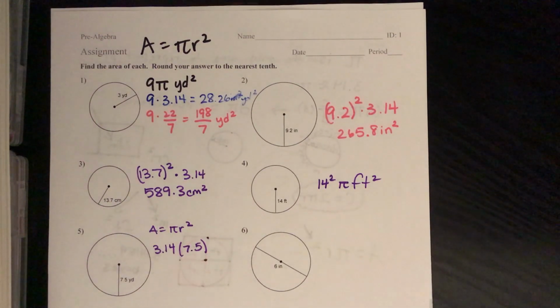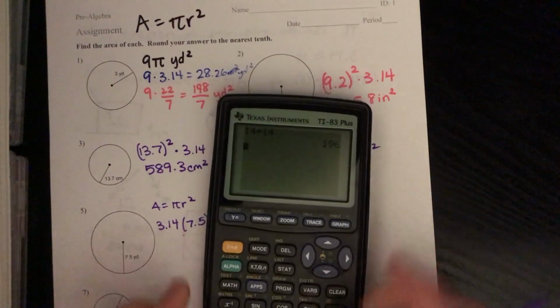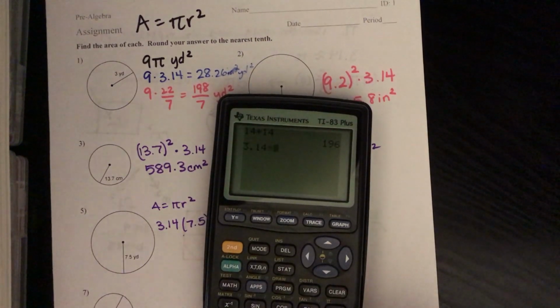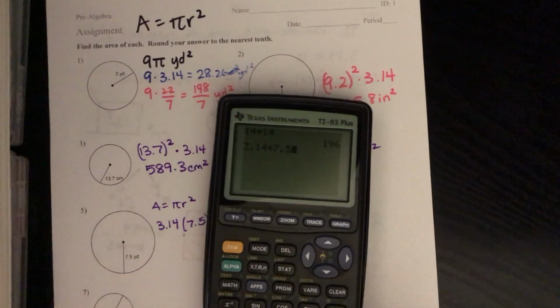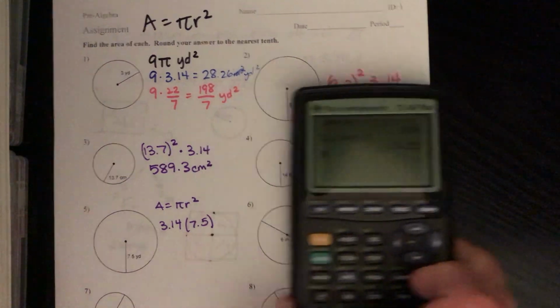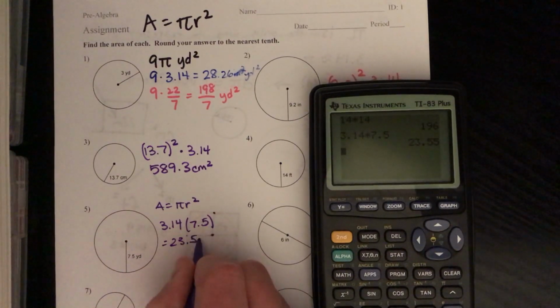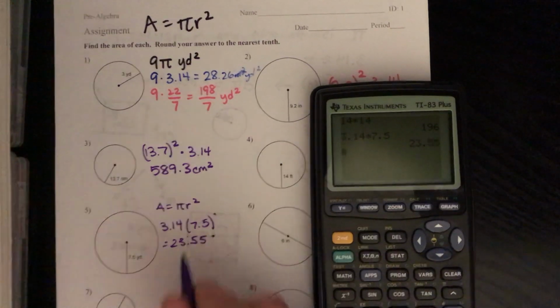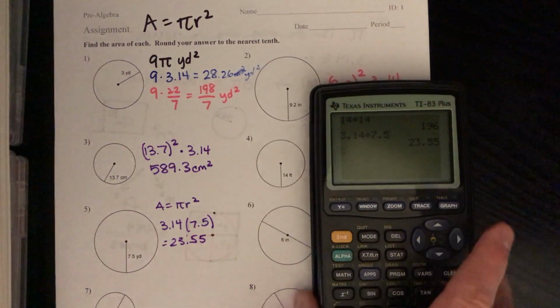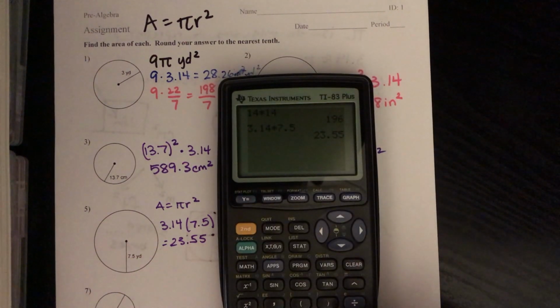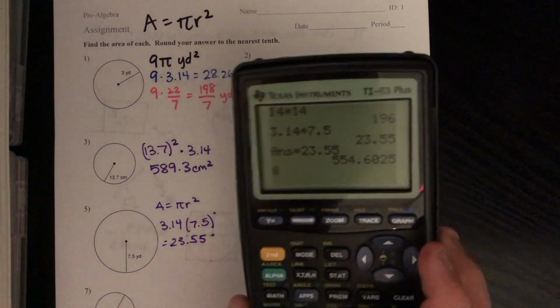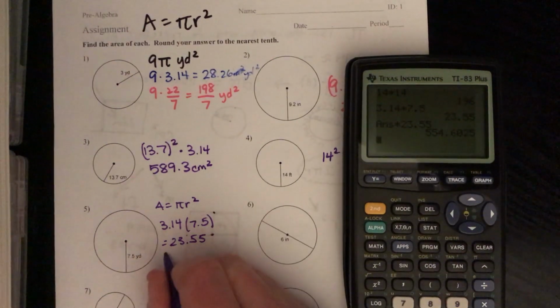So in this case, 3.14 times 7.5 would be 23.55. And then they square that number. So 23.55, and then they would say, okay, now I'm supposed to square, so let me go times 23.55. And they get 554.6.